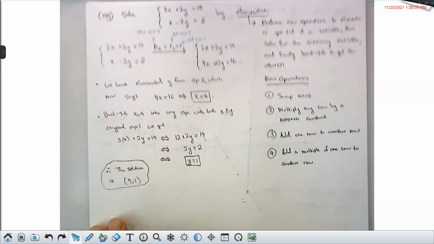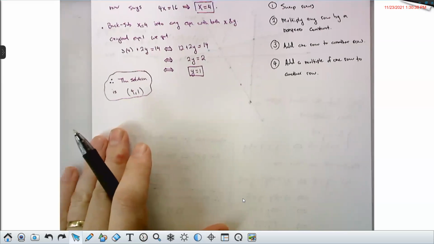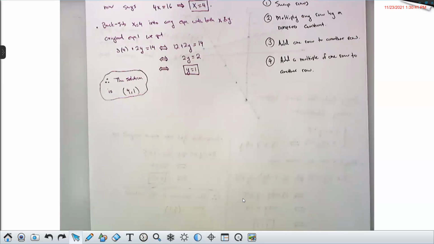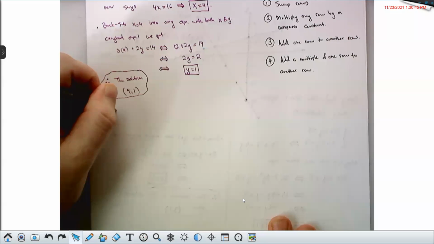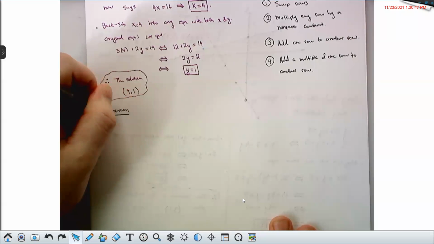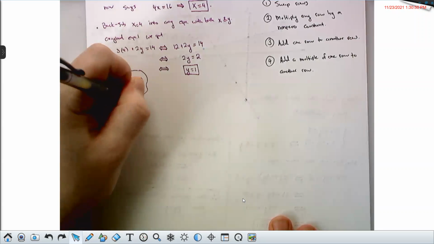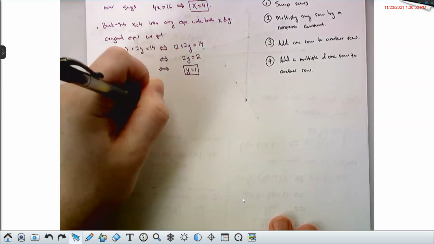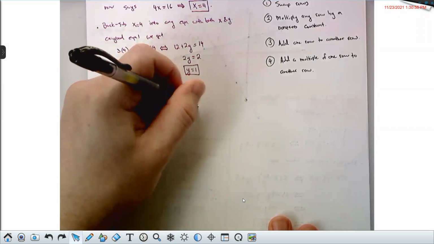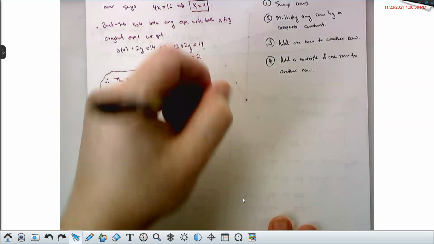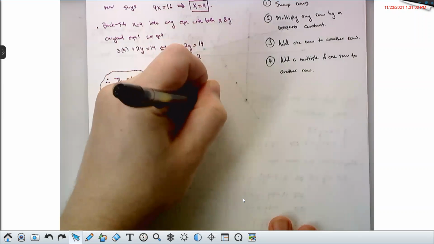Okay, then. Before we proceed, I need to tell you something. One of the nice things about linear systems, this is a theorem, is that all linear systems regardless of their size fall into one of the following categories.